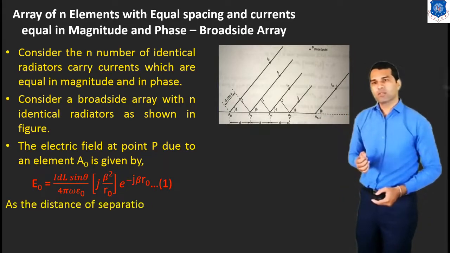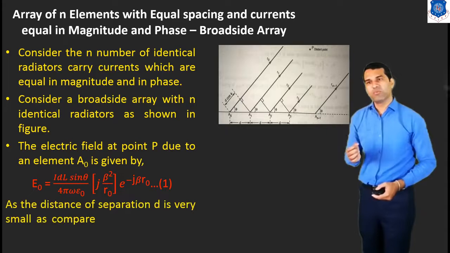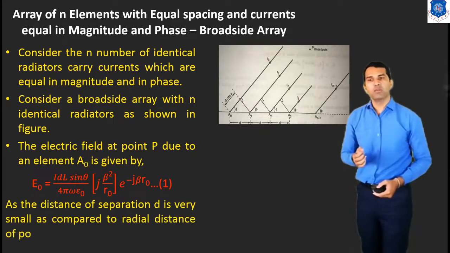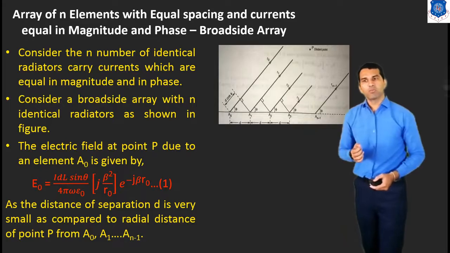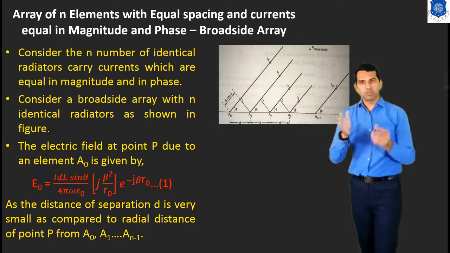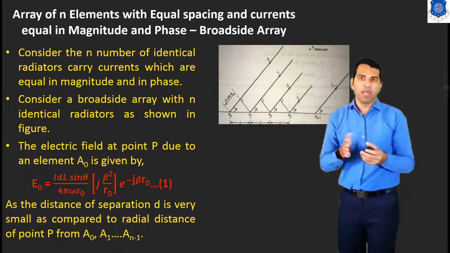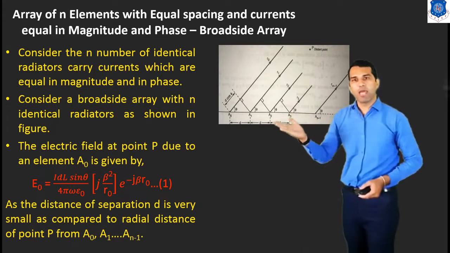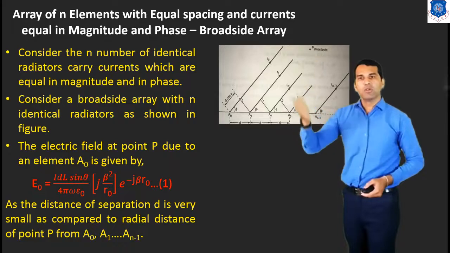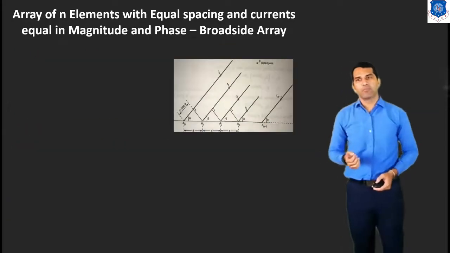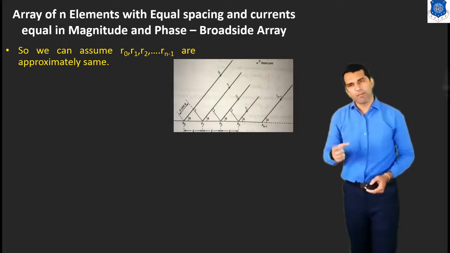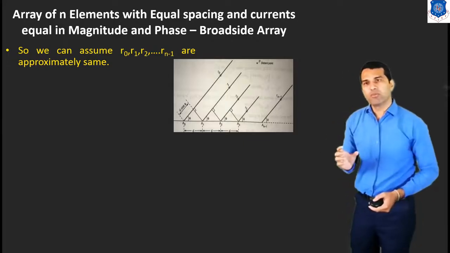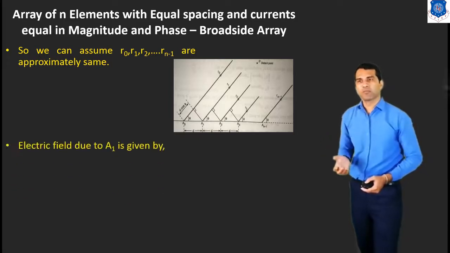As the separation distance d is very small compared to the radial distance of the point P from A0, A1 and A2, that means the distance between these elements is very small compared to the distance between the elements and the point P, we can write r1, r0, r2, up to r(n-1) as approximately the same. So we take the value as r.